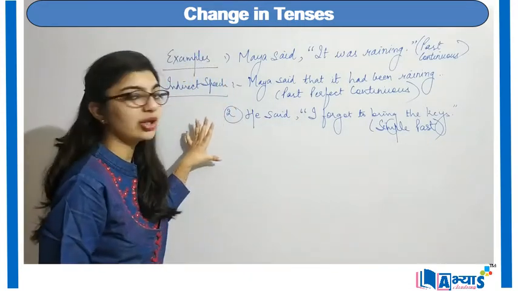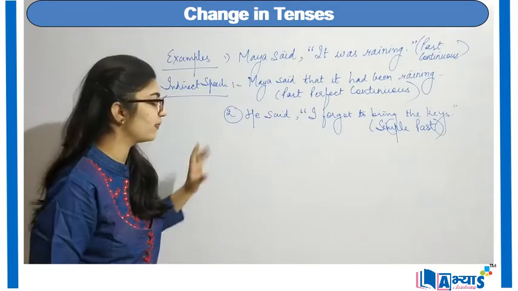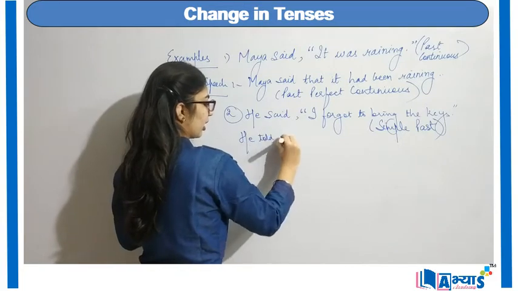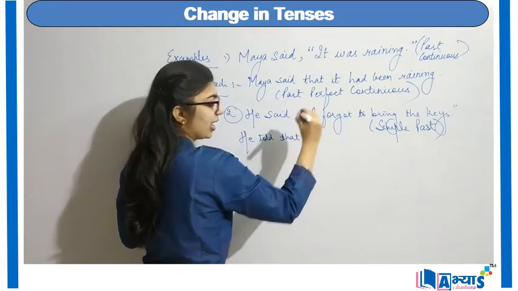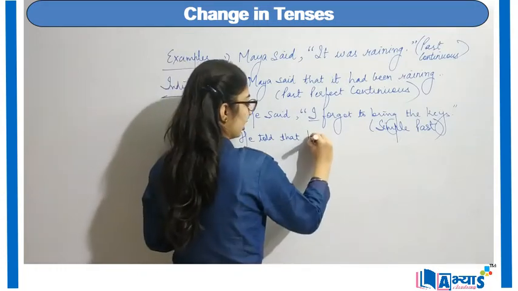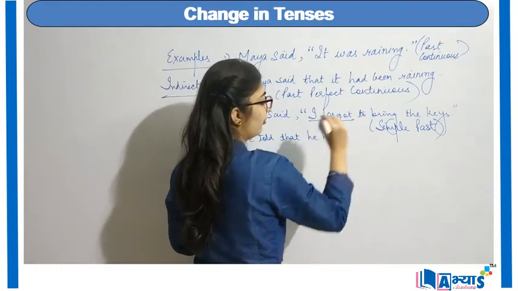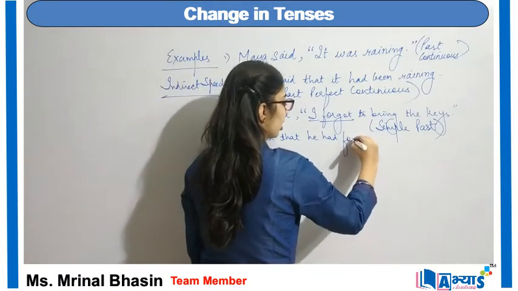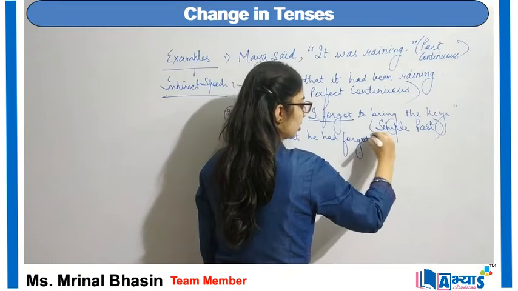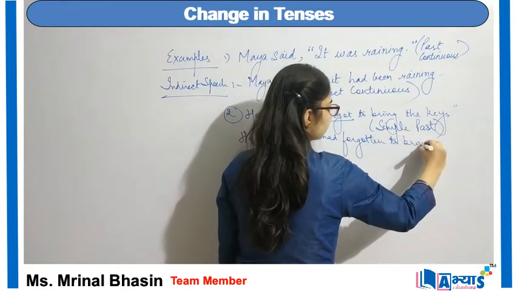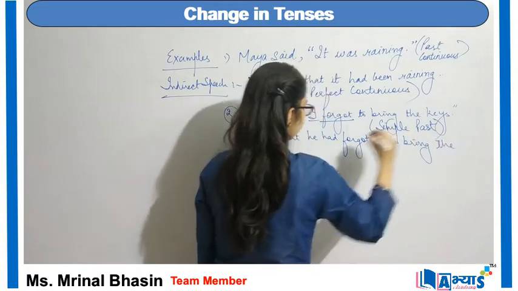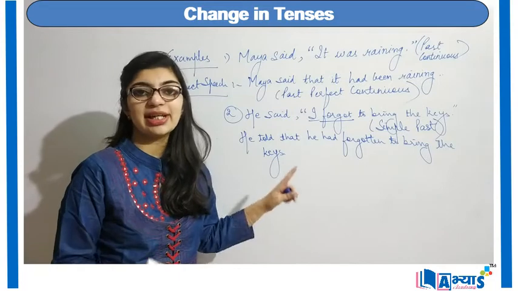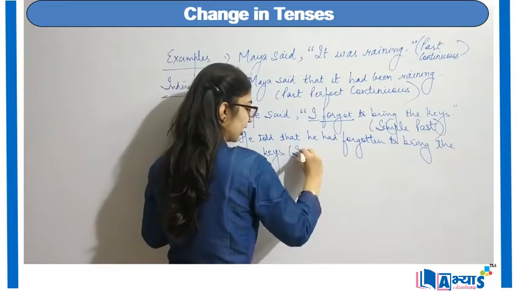So now I want to convert this sentence into past perfect form. So I will say, he told that, I gets converted to he had, and forgot gets converted to the third form of verb, which is forgotten. So he had forgotten to bring the keys. And now my sentence is in indirect speech.